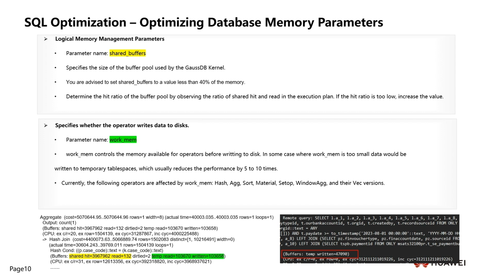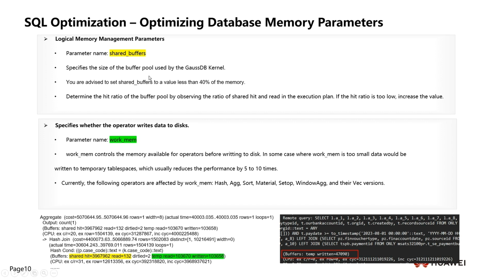On this page, I'll be introducing some memory configuration parameters in GaussDB. The first is shared_buffers, which specifies the size of the buffer pool to be used by GaussDB, and it is advised to set shared_buffers to a value less than 40% of the memory.